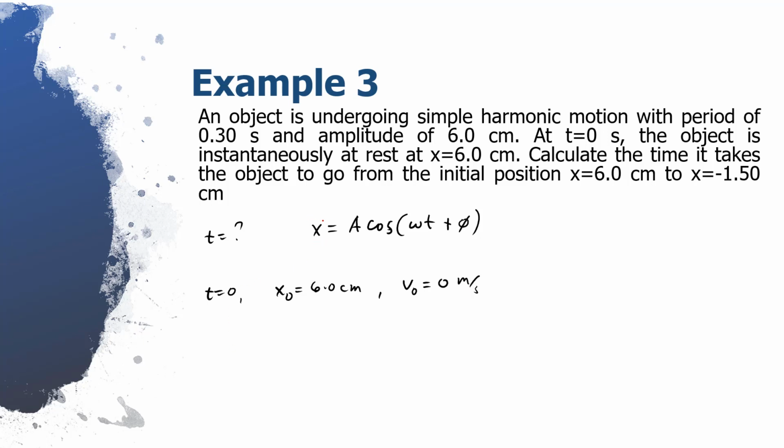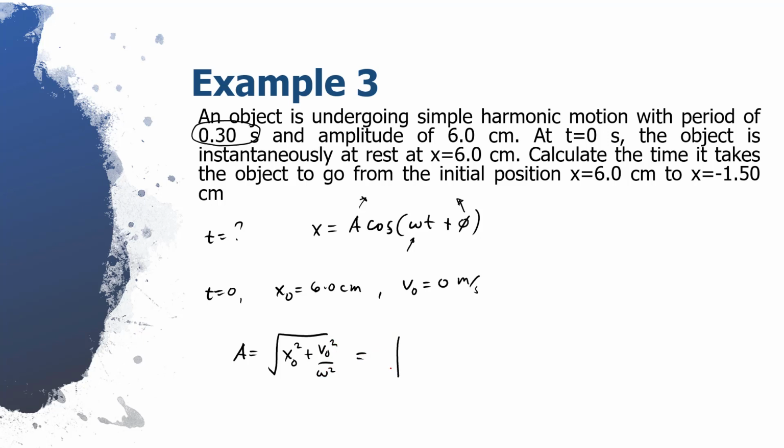So what we need is this A. Also, we need to solve for the phase angle. Omega can be solved from the expression of our period, which is equal to 0.30 seconds. So A is expressed as square root of x naught squared plus v naught squared over omega squared.